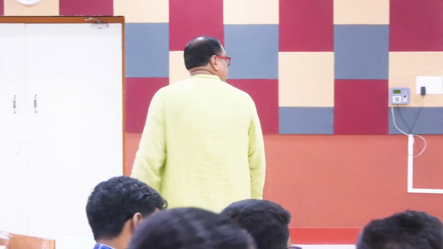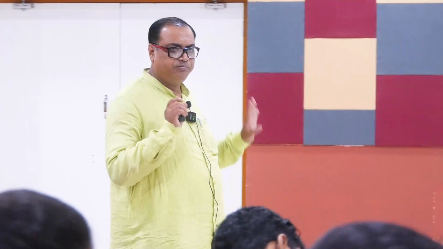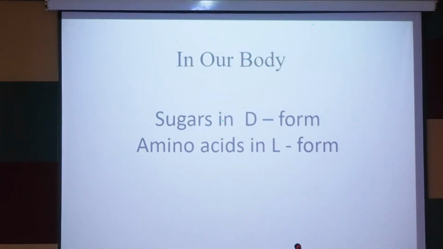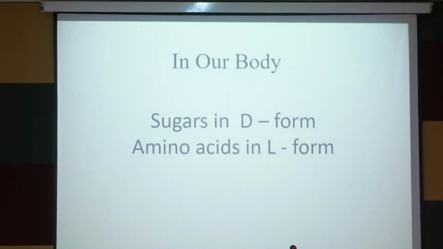Correct? Now, this is an assertion, a rule. In the present system on earth, in our body, we find most of the sugars in D form and amino acids in L form. Is the opposite possible? Yes, possible. Even now it is there.